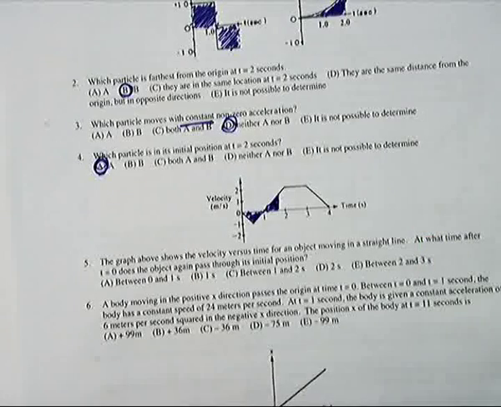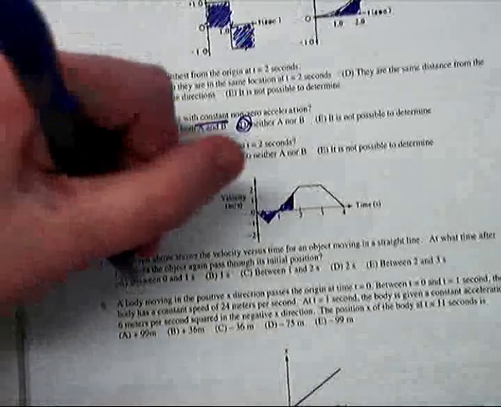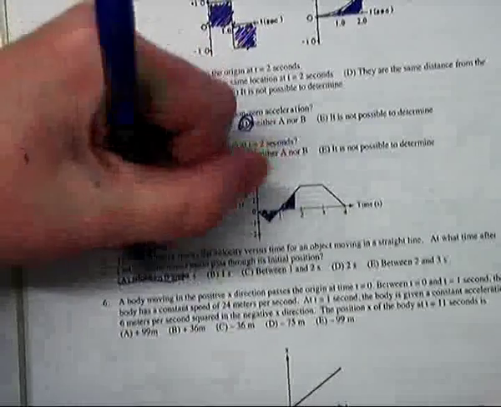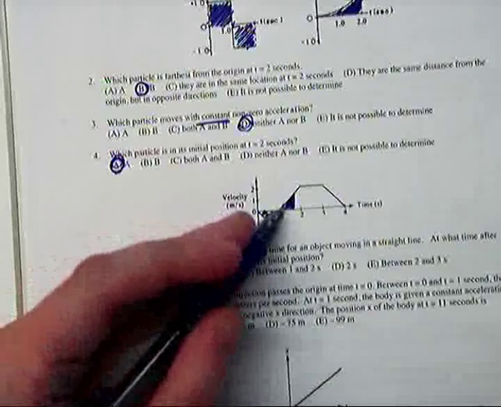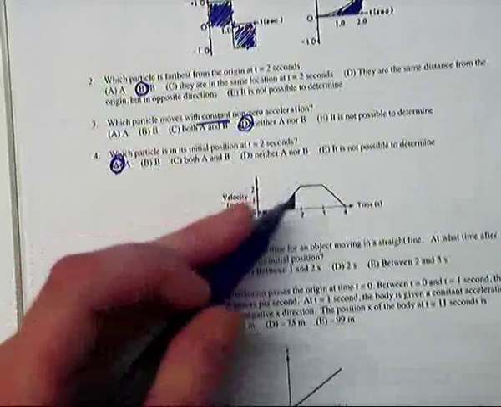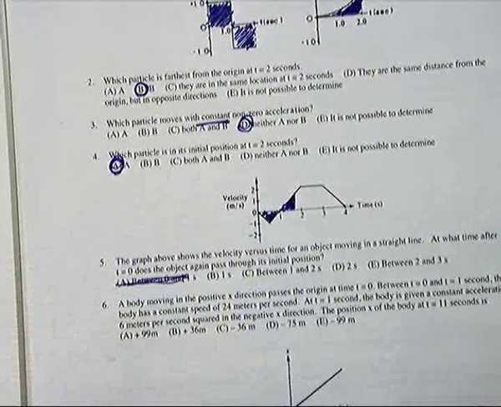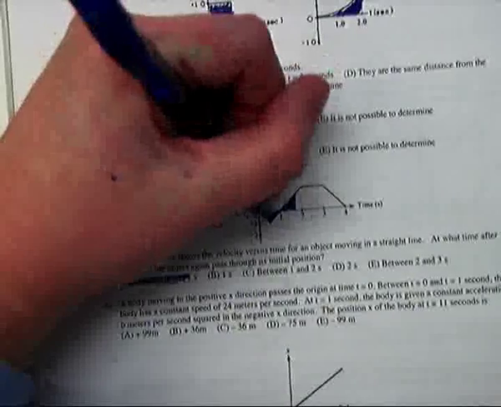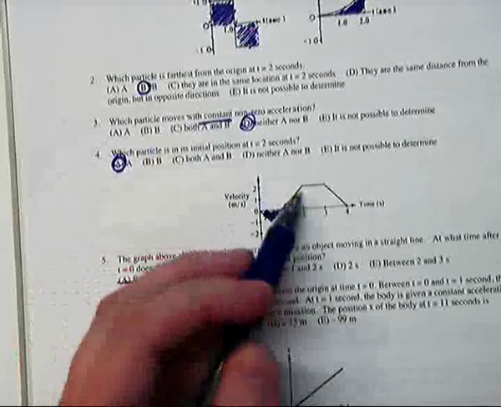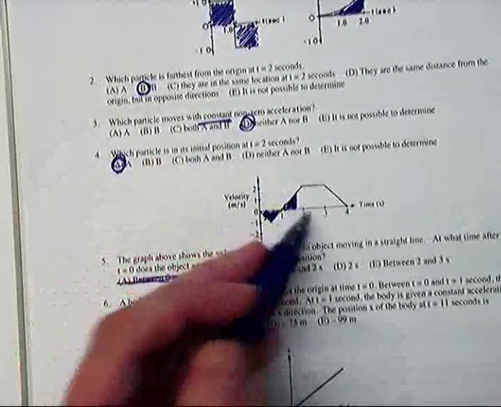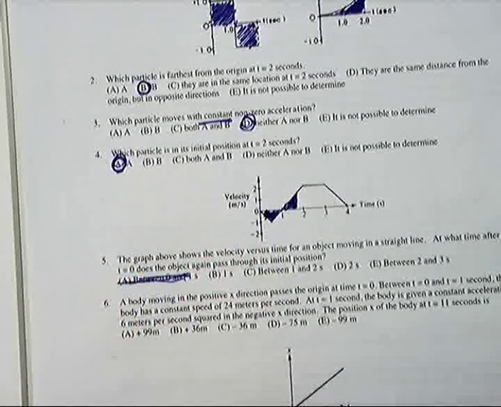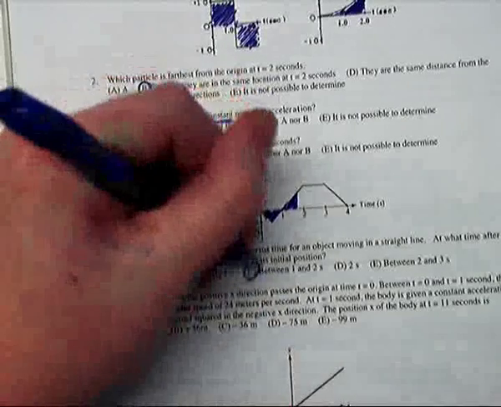And it definitely can't be before 1 second, because it's after here that we start generating positive area. We need enough area to cancel this out here. So you can't really calculate it, but you can eyeball it, and it definitely happens before you get to 2. So it would be between 1 and 2 seconds.